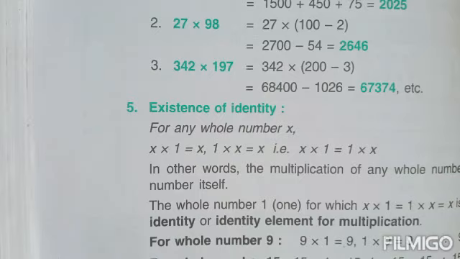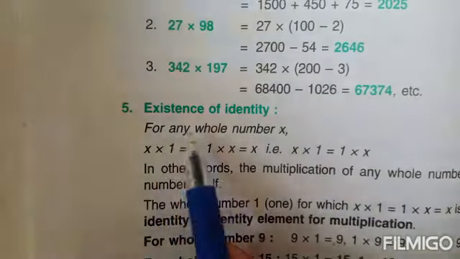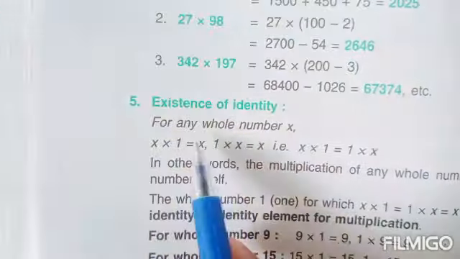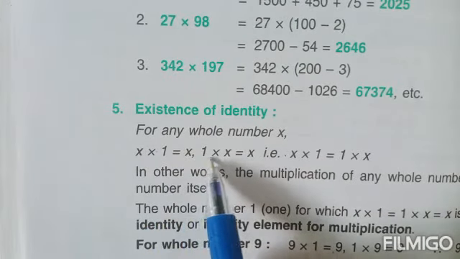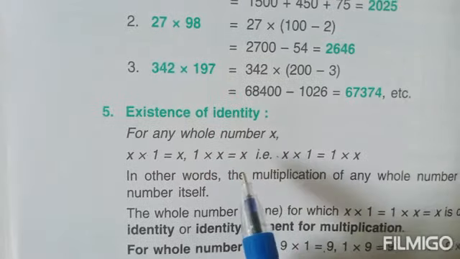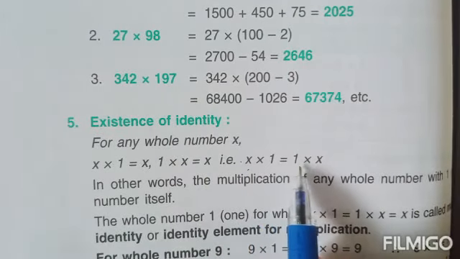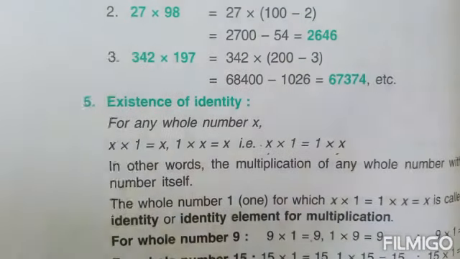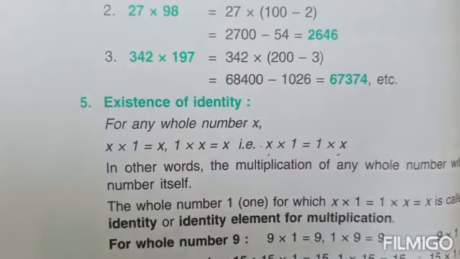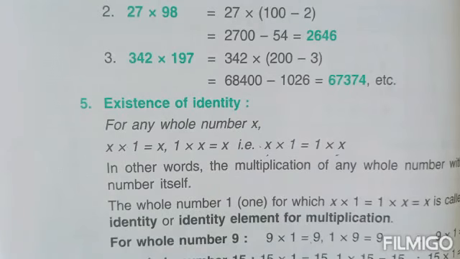Okay. Now the fifth property, existence of identity. For any whole number x, x into 1 equals x, and 1 into x equals x. That is, x into 1 equals 1 into x. So if you take any whole number, on multiplying that whole number by 1, you will get the number itself.